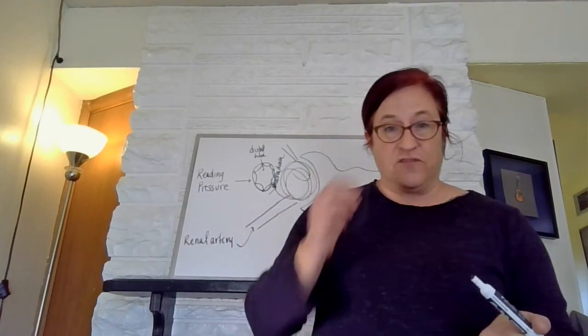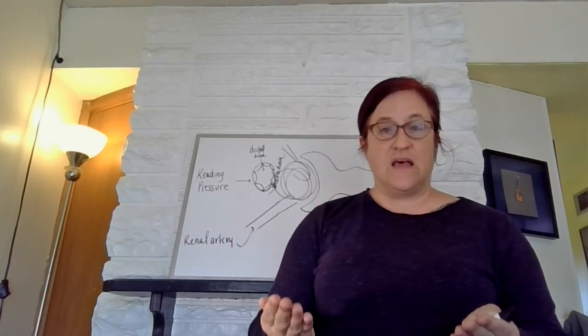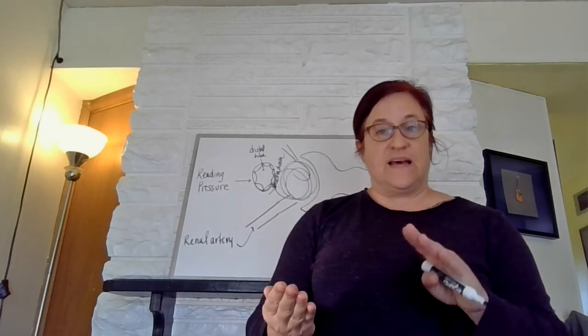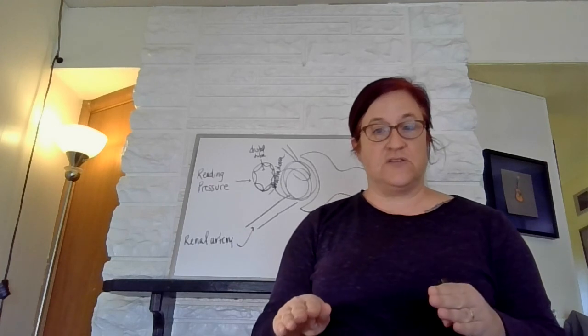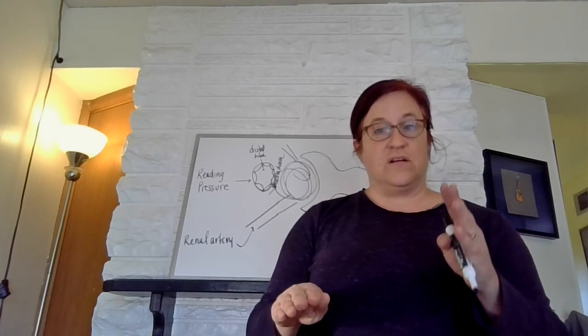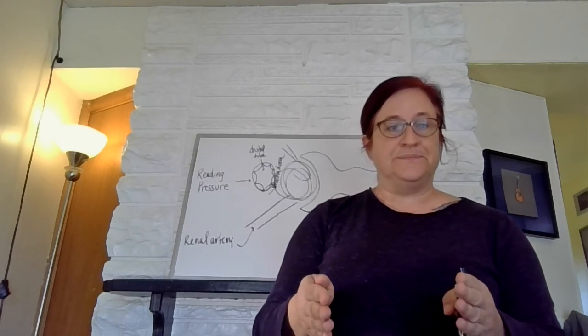So just like in the first class, if we want filtration to occur, we have to balance the pressure inside the vessel and outside the vessel. So it's the extracellular fluid either in the vessel or in the interstitial space.